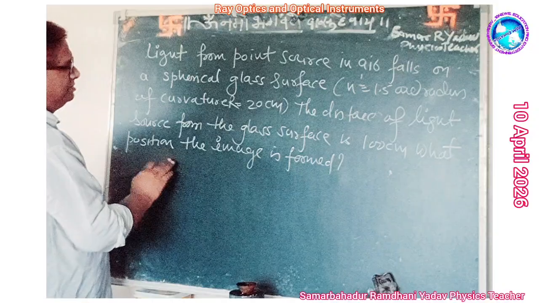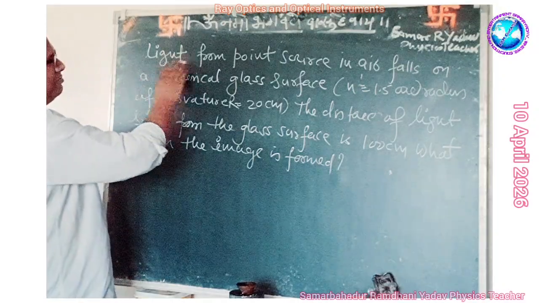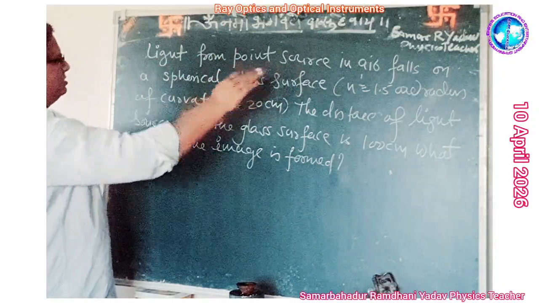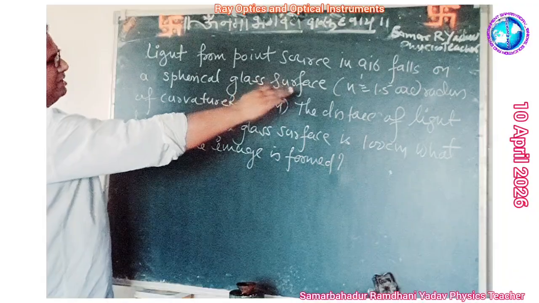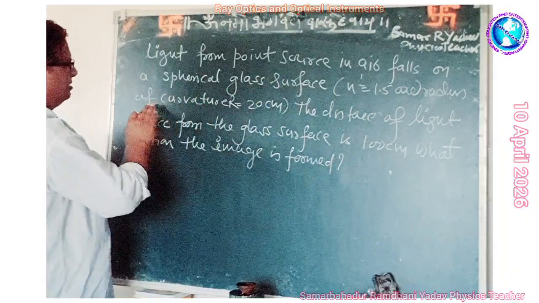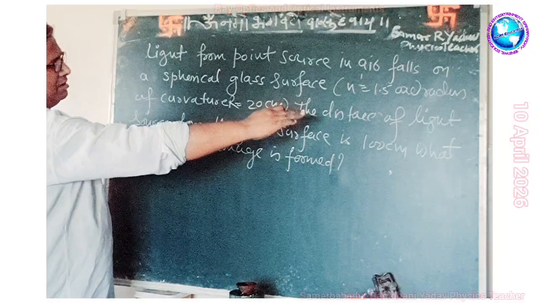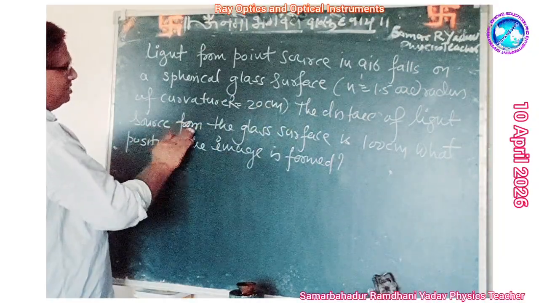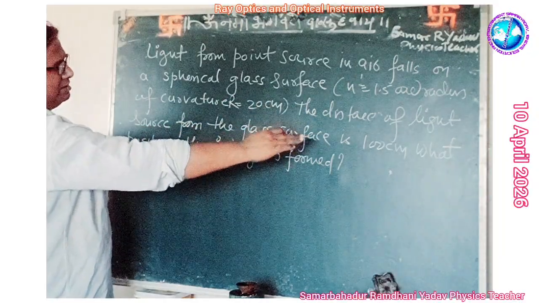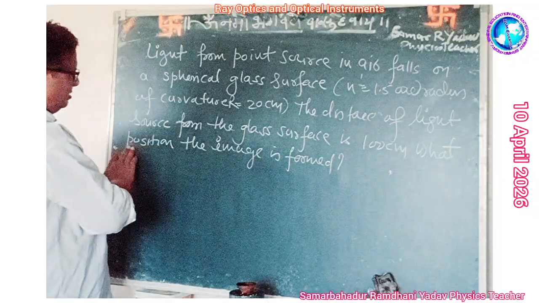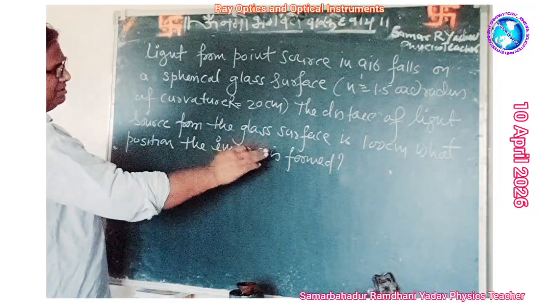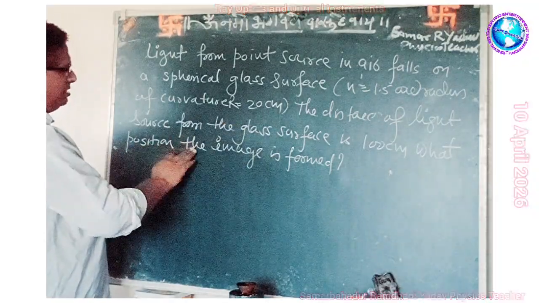Again, the light from the point source in air falls on a spherical glass surface, n is equal to 1.5 and radius of curvature R is equal to 20 centimeter. The distance of the light source from the glass surface is 100 centimeter. At what position is the image formed?